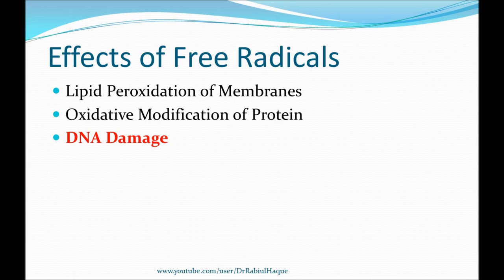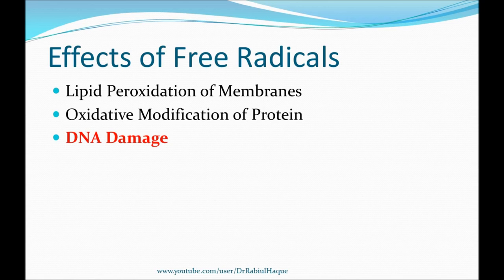Always remember, free radicals can cause breakdown of the DNA. They can cause single as well as double strand breaks in the DNA, and they can also cross-link DNA strands, and that will result in formation of adducts.